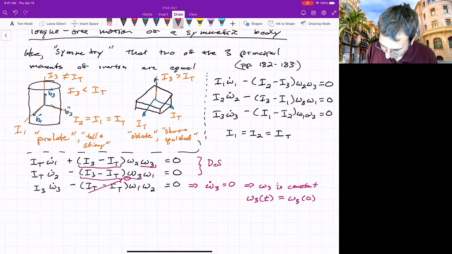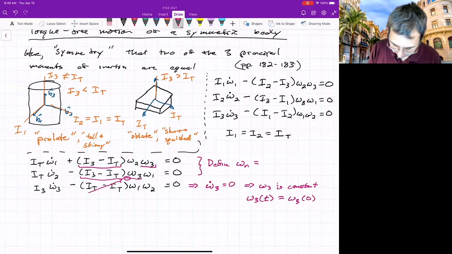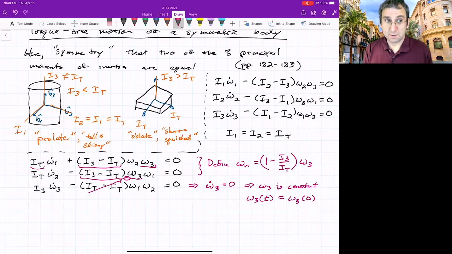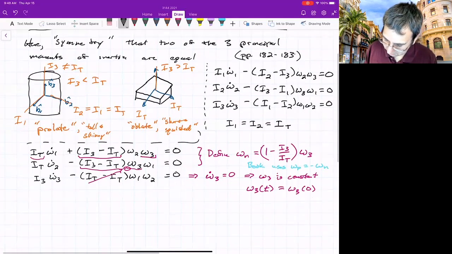So I'm going to define omega n, equal to, I'll just divide by I_T, 1 minus I_3 over I_T, omega 3. This is the opposite of what the book has. Just so you know, the book uses what it calls omega p, which is the negative of what I have as omega n. We'll put that in a very hard to see blue.